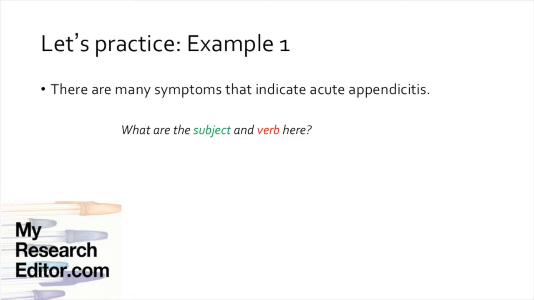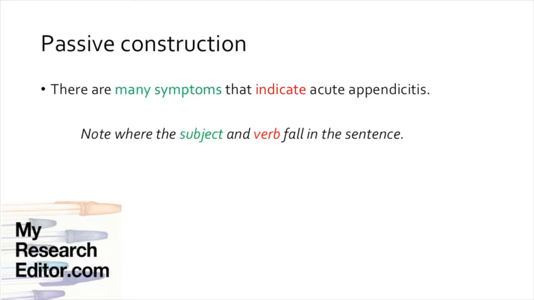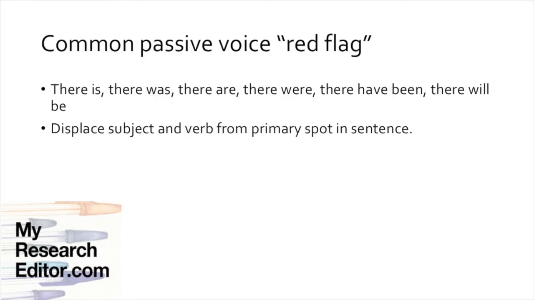Here's an example, the first from our list. There are many symptoms that indicate acute appendicitis. What are the subject and the verb? You can see here the subject is in green and the verb is in red. Many symptoms indicate. This is a good example because it shows a very common indicator of passive construction, the there is, there are, there were construction.